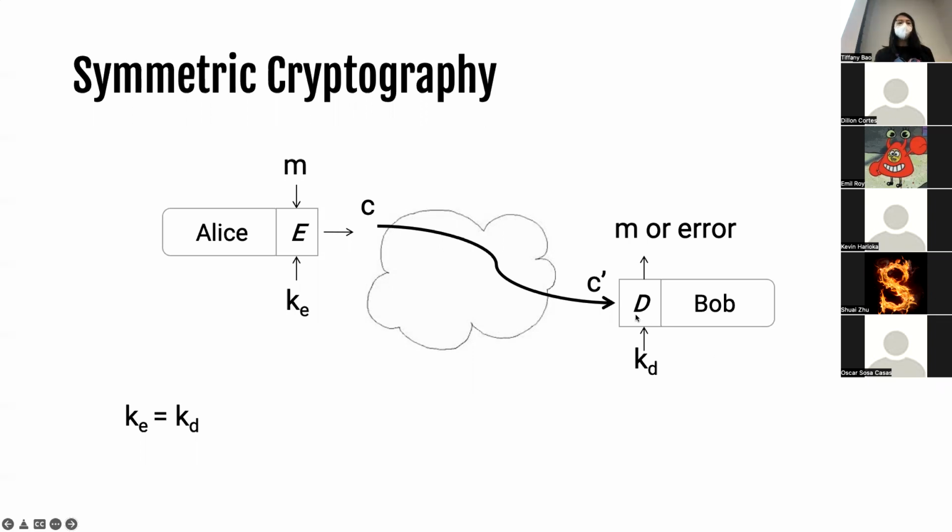Then Bob is going to use his decryption algorithm, capital D, and his own decryption key KD to decrypt this message. A good symmetric cryptography should either output the plain text or tell Bob that there's an error if C got changed. And for symmetric cryptography, we should have KE equal to KD, right?